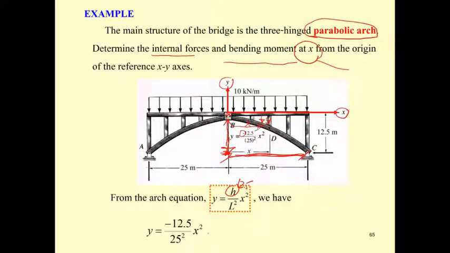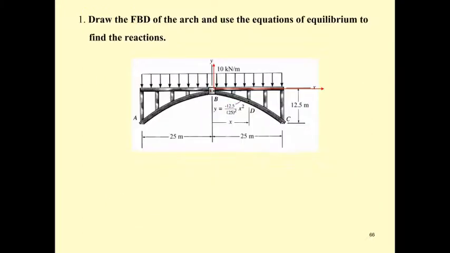And then you also can determine the slope of this equation. This is slope, and you may recall that this slope is also going to be tan theta. It's going to be the angle at any point of x.